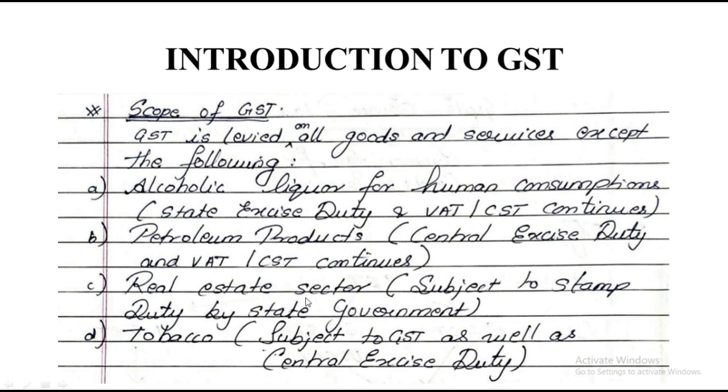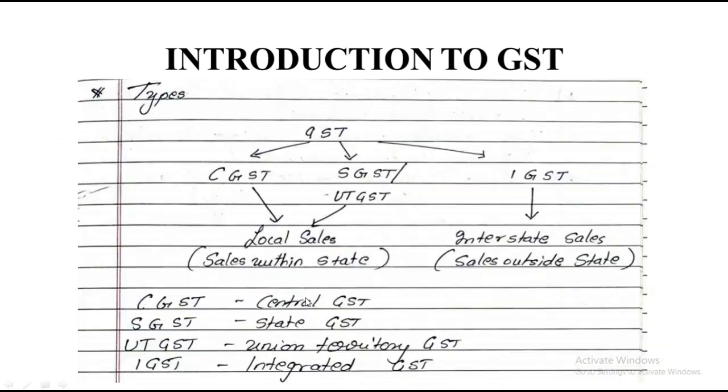And lastly, tobacco, because it is subject to central excise duty. So these are the things you have to remember: alcoholic liquor, petroleum and tobacco. GST won't be applicable directly because there is already some tax included on them. So that's the scope of GST.